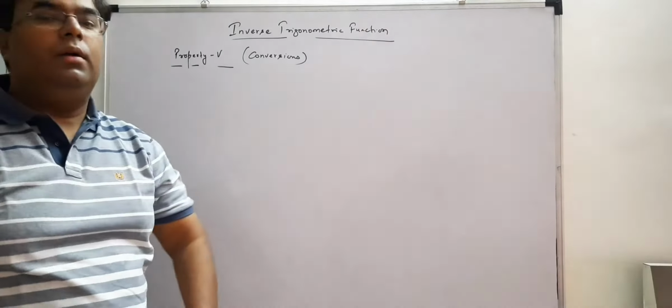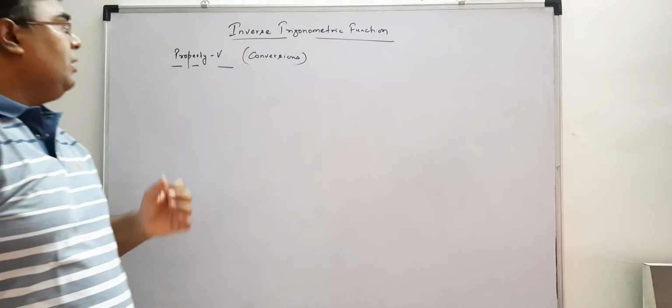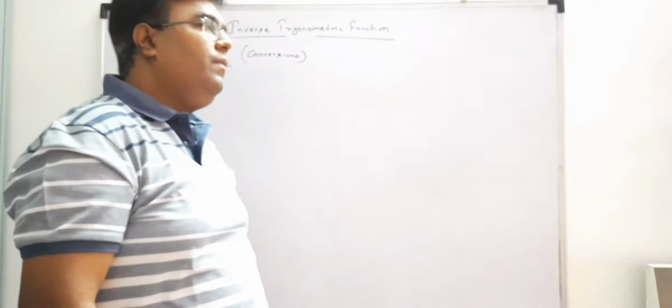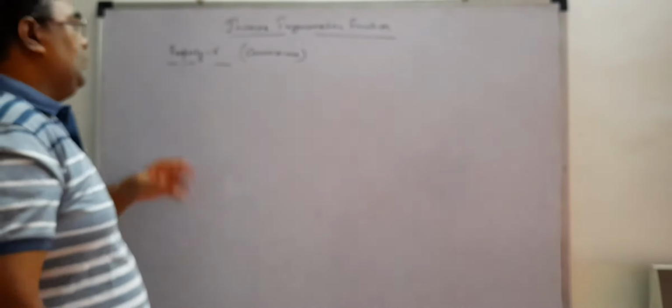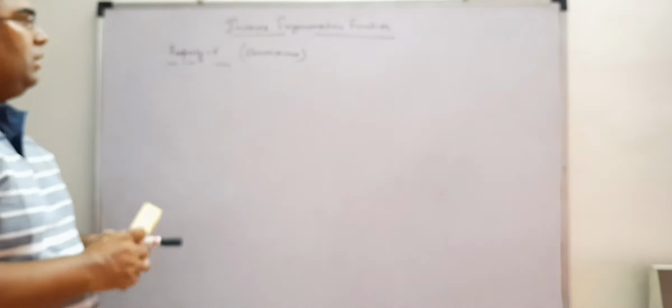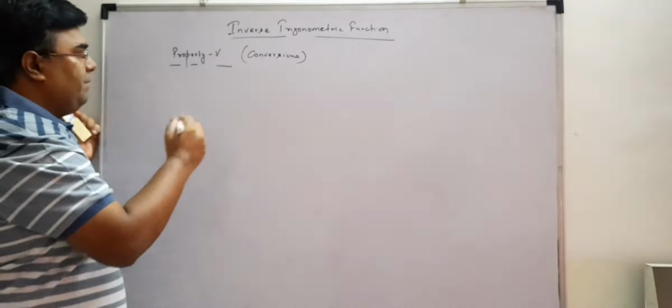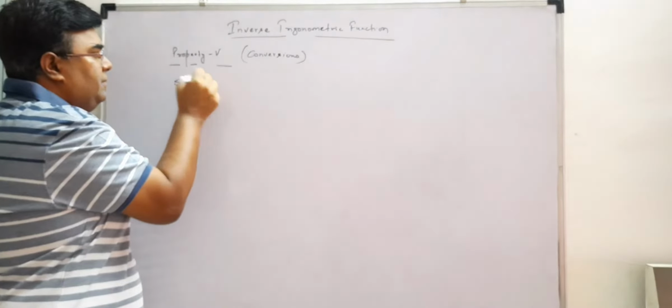Hello students, in this lecture we are going to learn some more properties of inverse trigonometric functions. Property fifth is conversion. Basically we want to learn how we can convert one inverse function into another inverse function. For example, let's take sine inverse x.